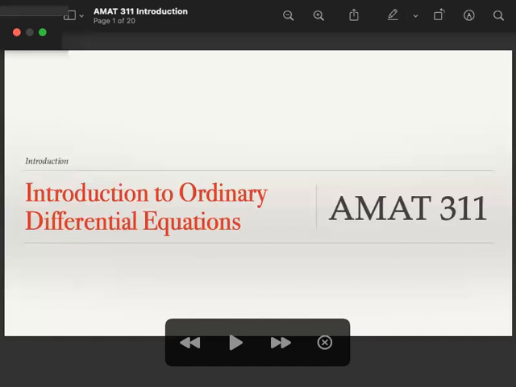One method is this method of the auxiliary polynomial and the method of the undetermined coefficients. Another is the method of variation of coefficients. We may skip over this topic. We'll see, depending on how much time we have.